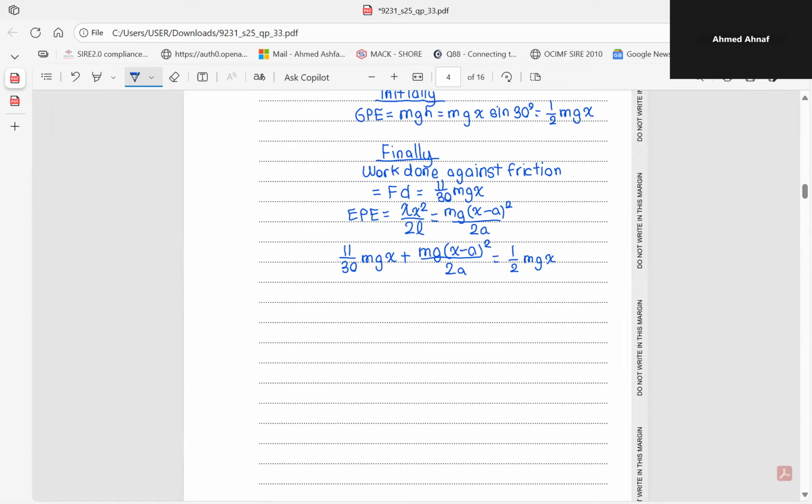I can see that we can factor out 1 over 30 mg.